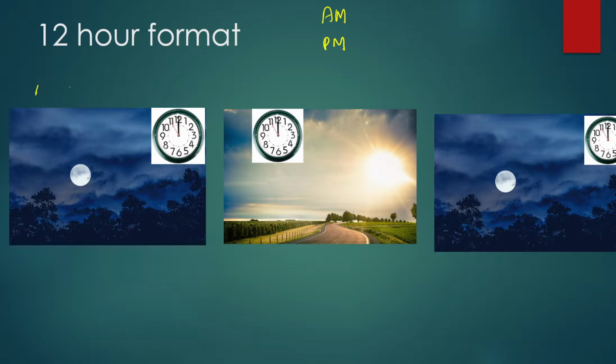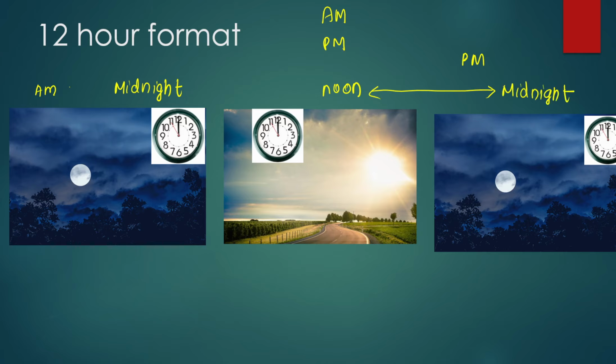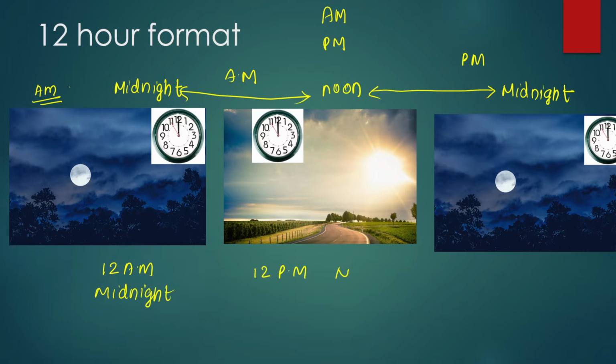So we use AM from midnight to noon, and we use PM from noon to midnight. 12 AM is midnight and 12 PM is noon.